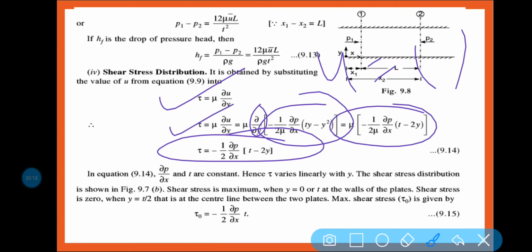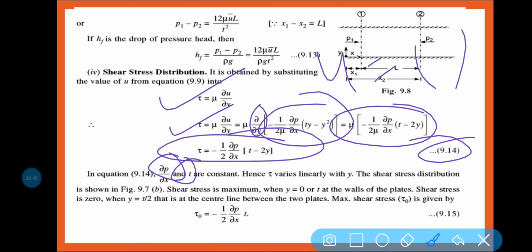Very, very important new formula. It is again needed when you are going to solve the numerical. In equation 9.14, del p by del x and t are constant. Obviously, del p by del x is the rate of change of pressure, and t is the thickness, so that is constant here.